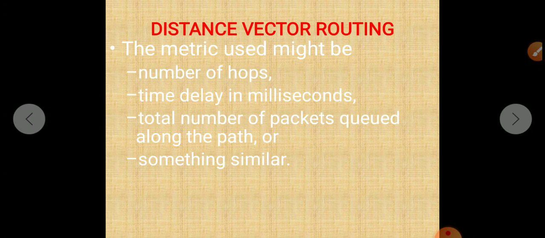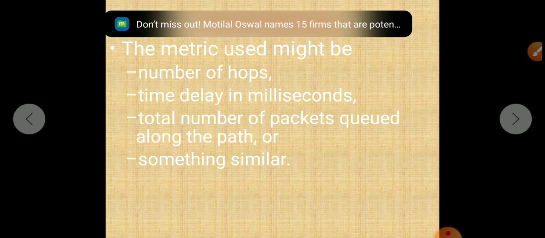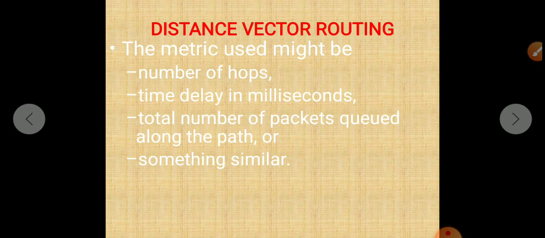And the total number of packets queued along the path, or something similar. For example, the information we forward from source to destination is divided into a number of packets. We give a sequence number to each and every packet.